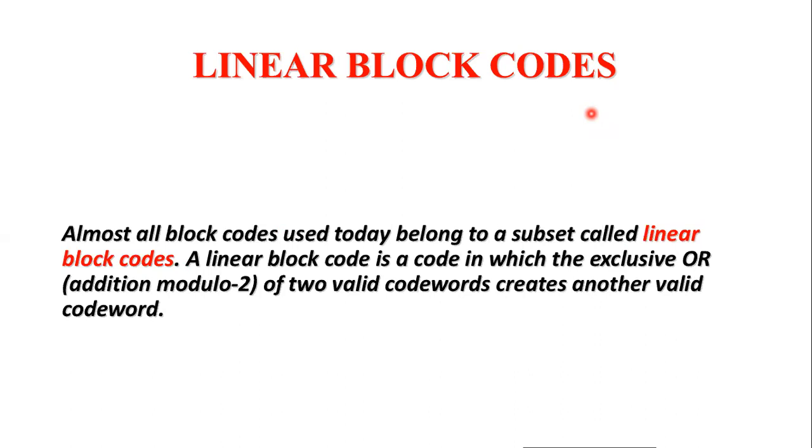A linear block code is a code in which the exclusive OR, that is the mod 2, of two valid code words creates another valid code word.